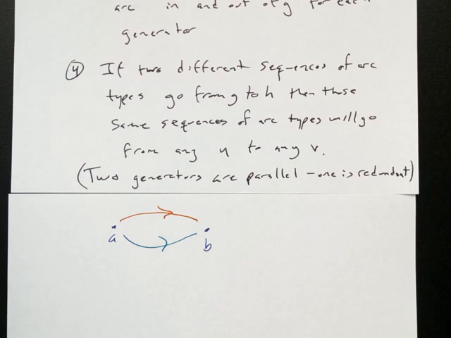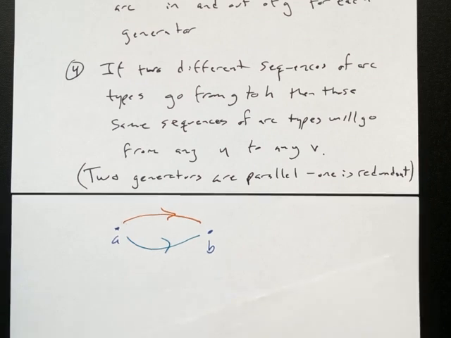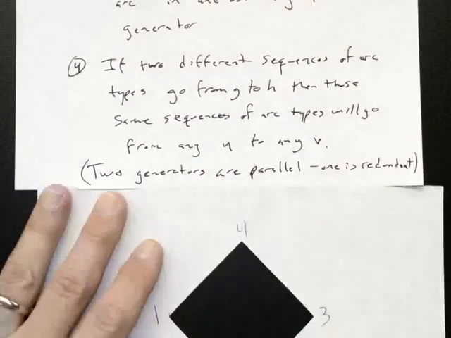The smallest example I can think of where this works is D4. So imagine you've got the rotations on a square. You could think of the action of rotating by 90 degrees, right?